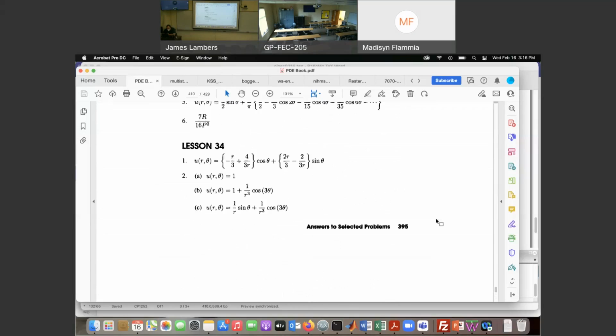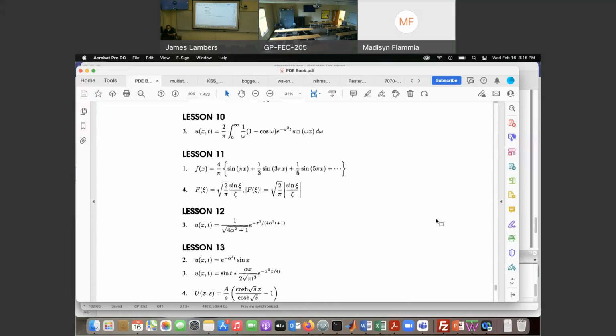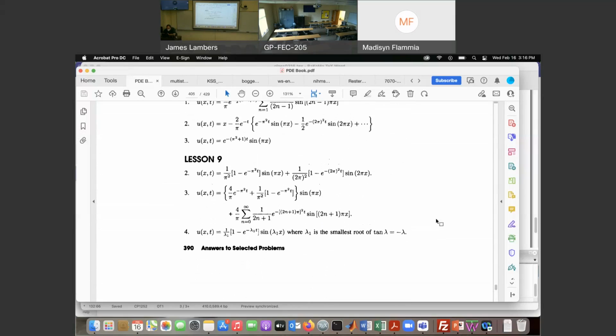One of the answers in the back of the book for a more recent problem has a mistake in it. What we have here is this term, 4 over pi e to the minus pi squared t sine pi x.